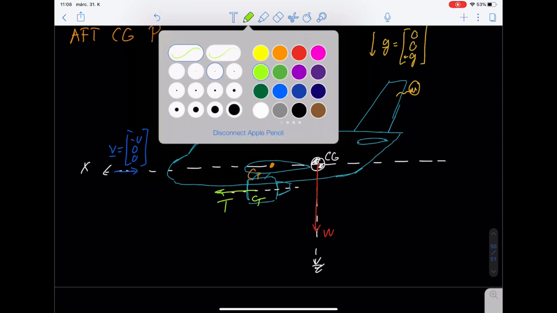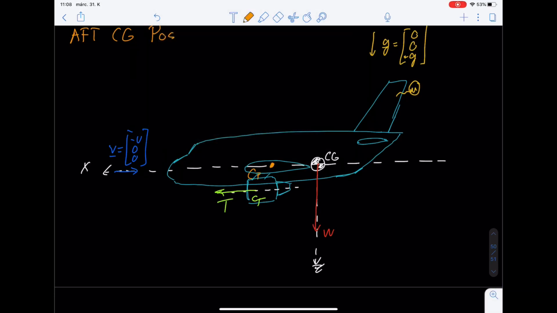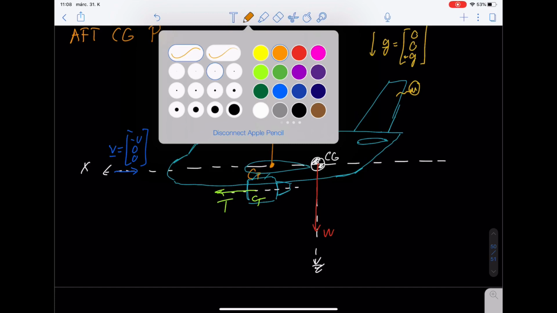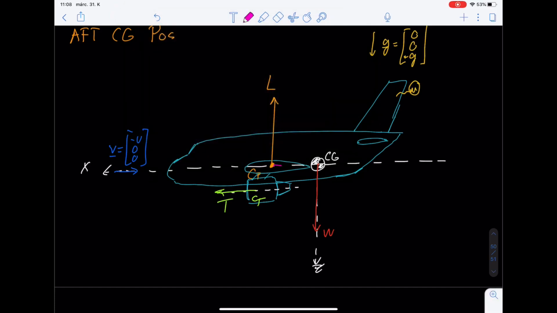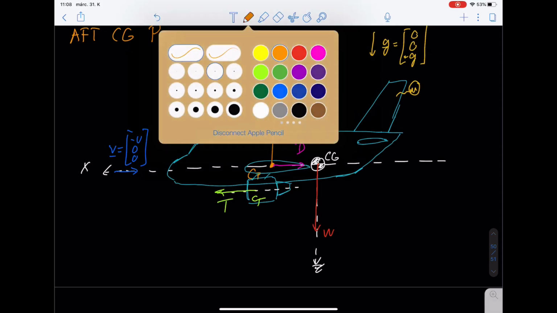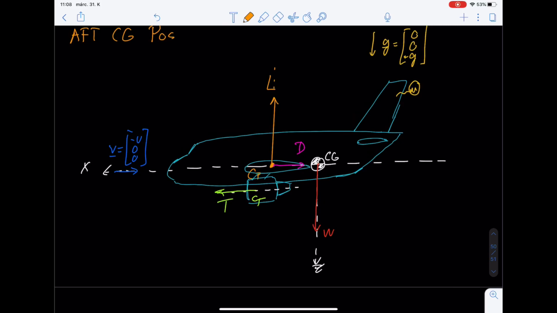And we're going to have a lift, of course, perpendicular to the relative airflow, and we're also going to have a drag force. Okay, so these are all the forces that we need. Out of all of this, the only forces generating a moment are the lift on this arm, right?